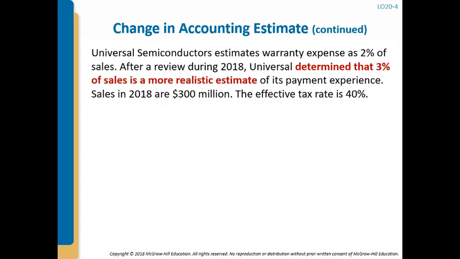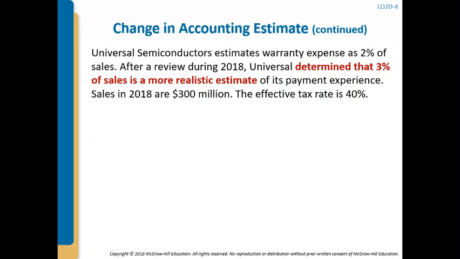So, for instance, one of those accounting estimates that could change is warranty expense. Here you have a company that estimates warranty expense to be 2% of sales.